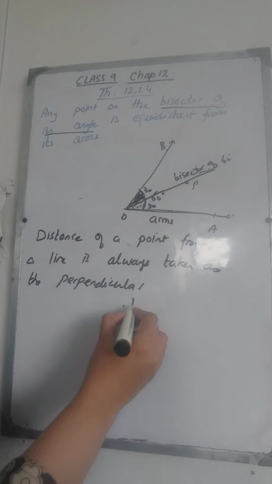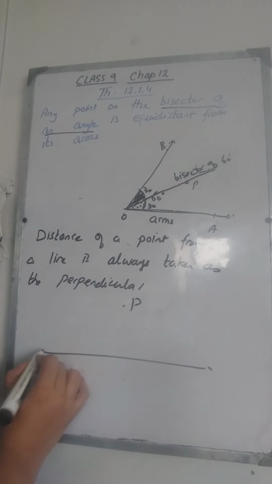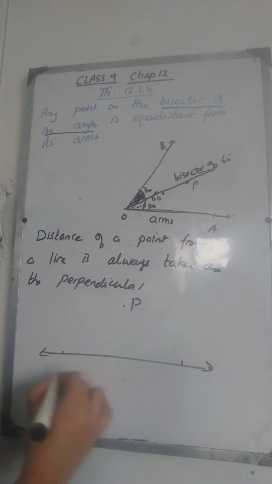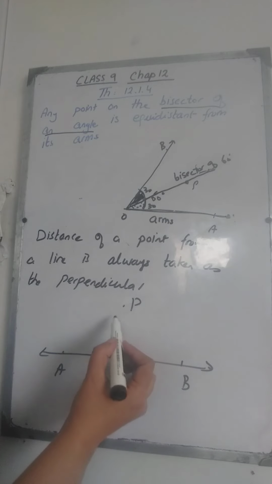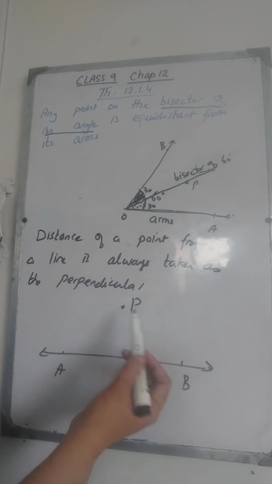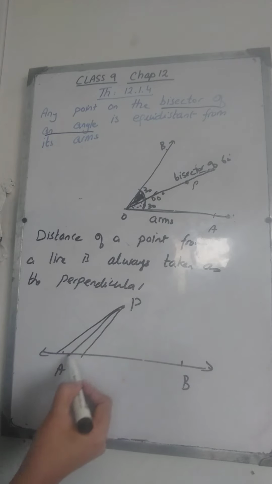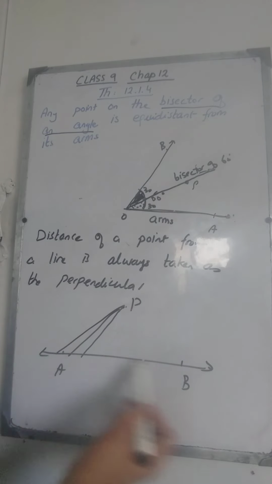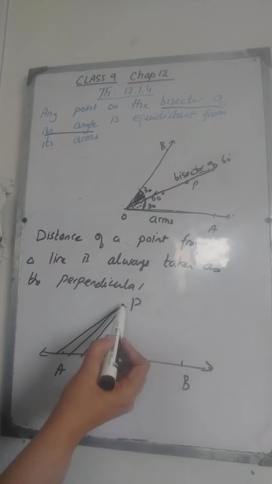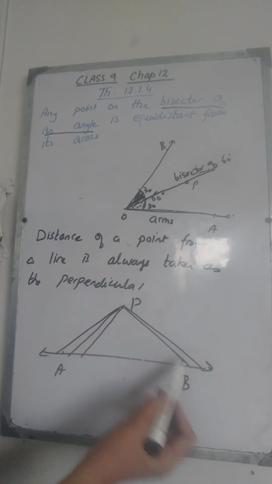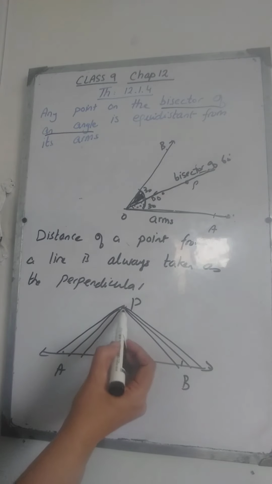For example, if you have a point P and this is a line AB, now the distance of this point from this line can be taken in many ways. For example, this is also a distance of the point from this line, because this line will have infinitely many points. But the distance that we consider, we usually take the distance of the perpendicular one.